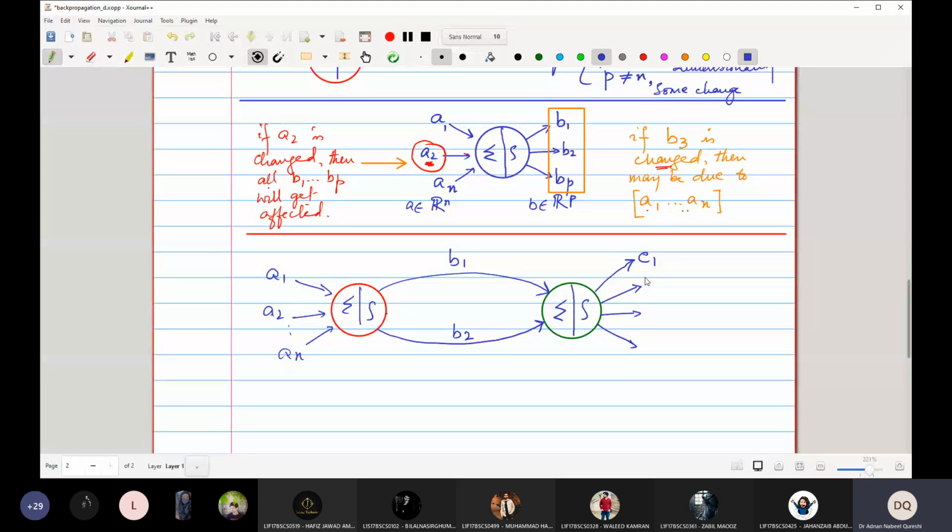Let's call these C, and this goes up to J.